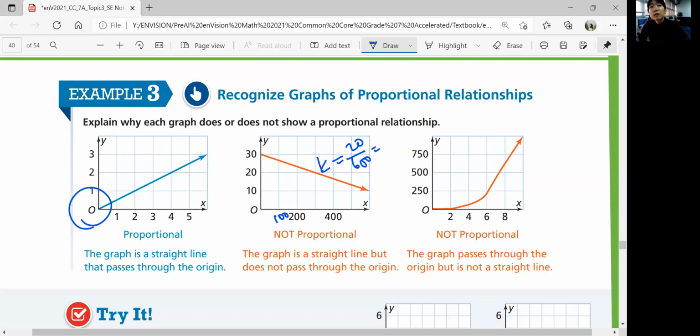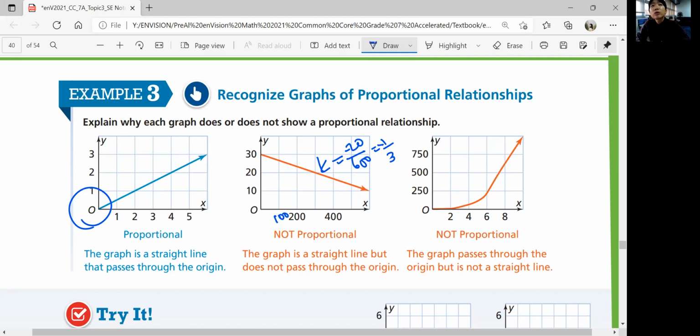So that could be 1 over 3, right? But is this positive? No, it's decreasing. Your y is decreasing. So that should be negative. So you have a negative slope.